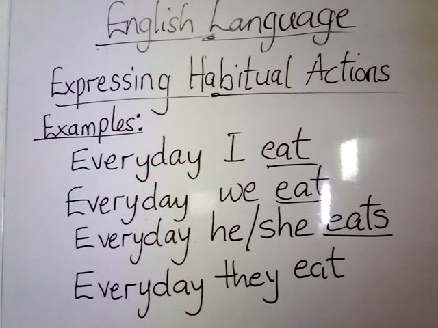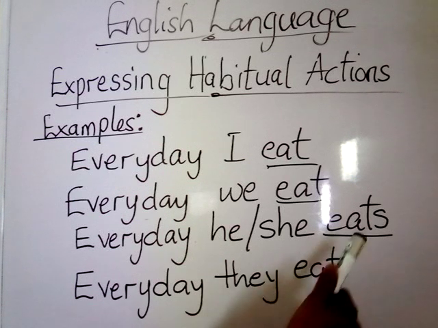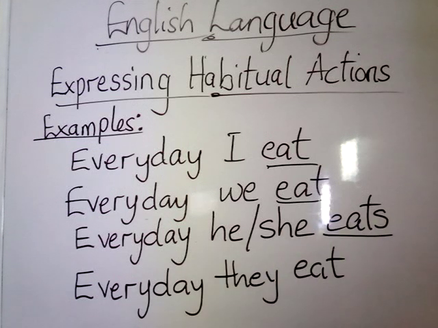Okay, now when you are talking about a single person that is not yourself, okay, you are talking about maybe a boy or a girl, you can say she plays, she jumps, she eats, he writes. So when you're talking about a single person, you need to add s to your verb, the action word.